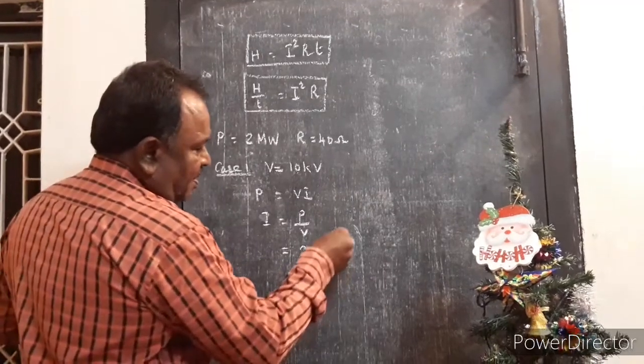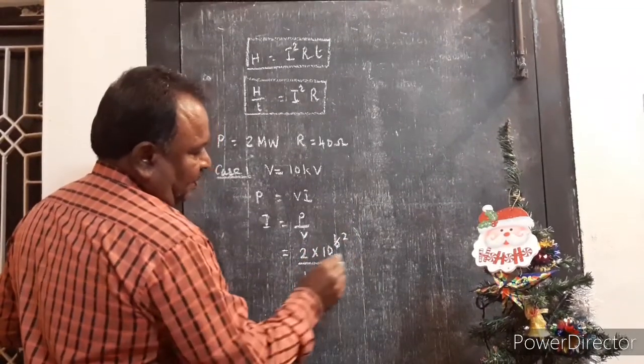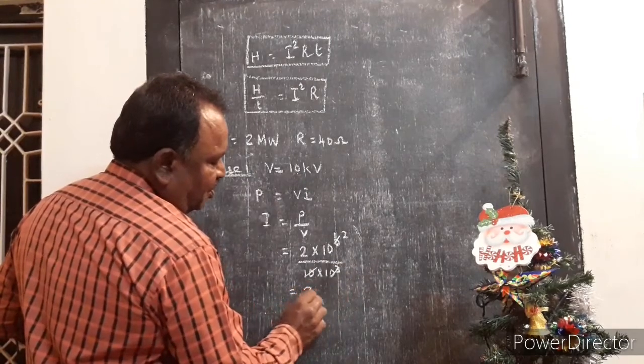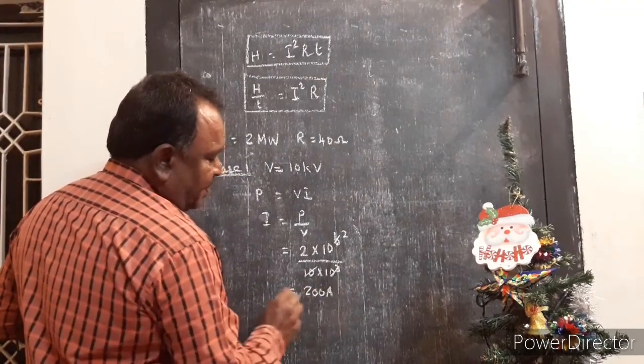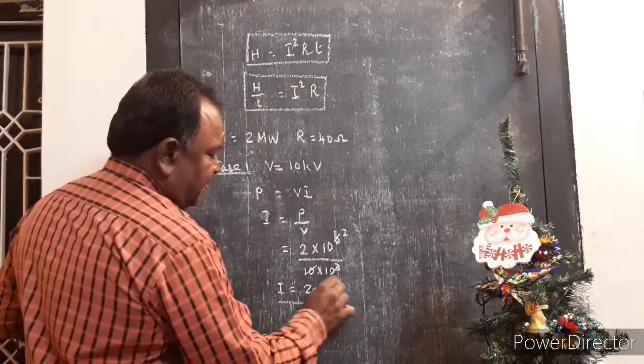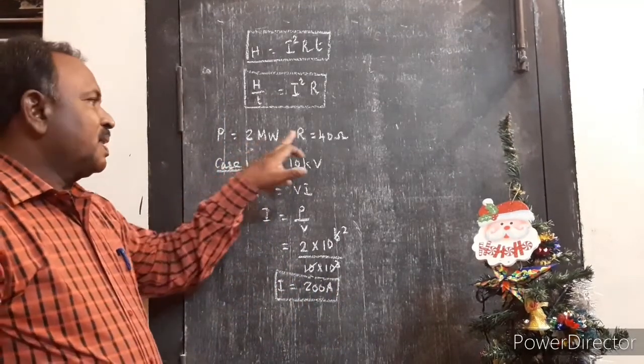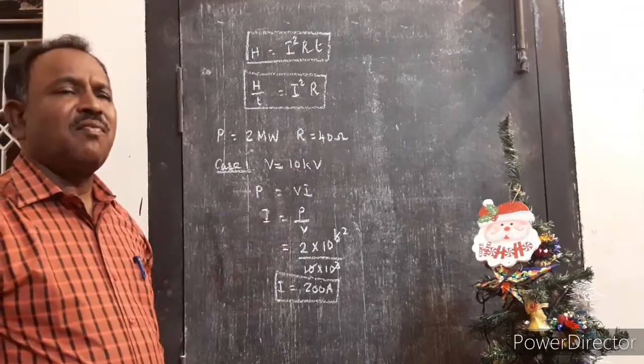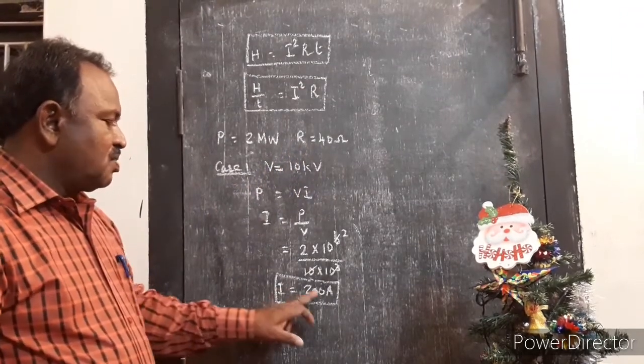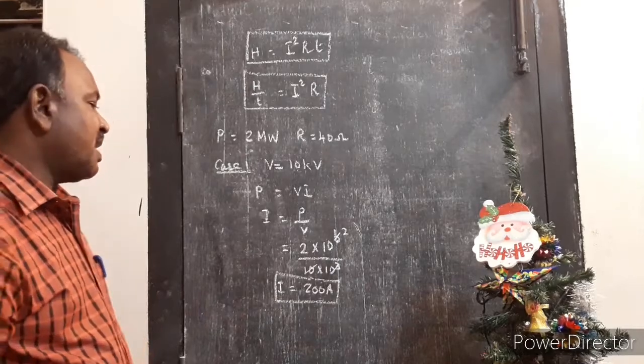So this will give 200 ampere. So when I send 2 megawatt of electric power through the transmission line of 40 ohm, the current through the transmission line is 200 ampere.